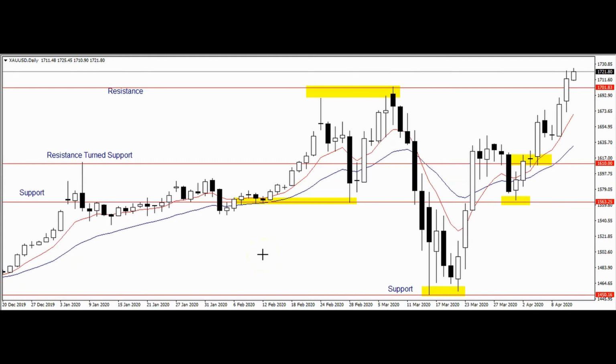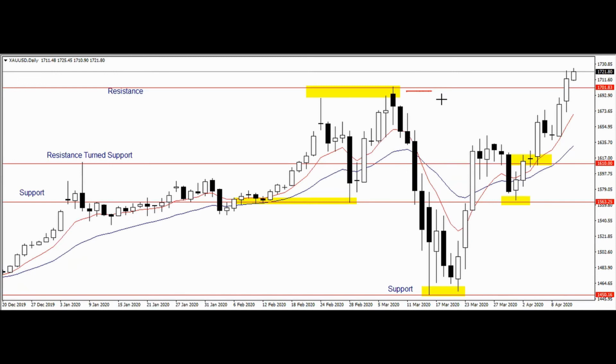Hello traders, here we have gold. Obviously my bias on gold is bullish, as you well know from previous analysis, and we've done very well out of gold over the recent 6 weeks or so. As you can see here, gold has now closed above the recent high, the recent resistance of around that 1690, 1700 area.